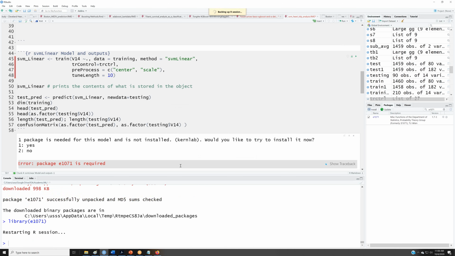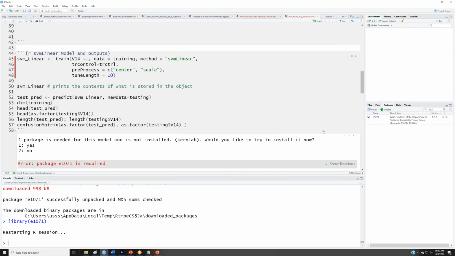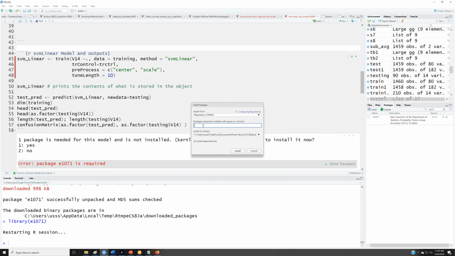That's okay, fine. Restarting. Kernlab, come on, one more time. Oh, it is retrieving package installation, okay. It is done, maybe one second.